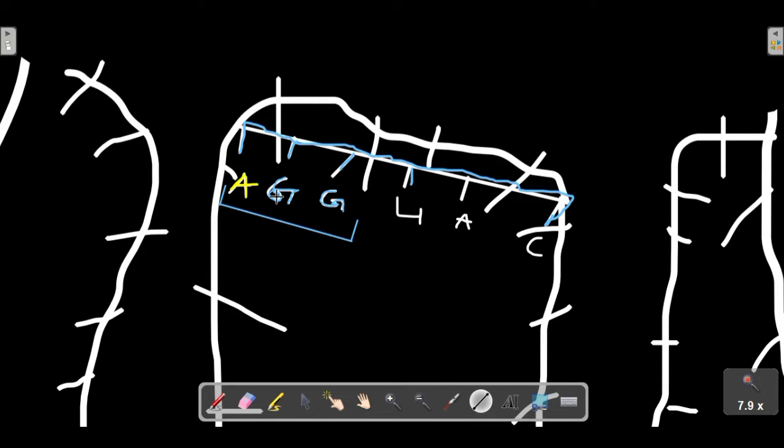That is a triplet, right? On which type of molecule? We have it on the mRNA. So what do we call this then? We call this the codon, right? Because on the mRNA, we call it a codon.